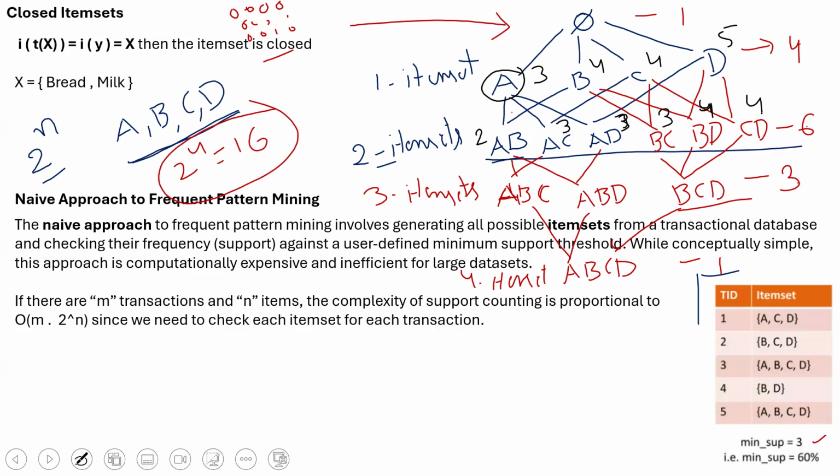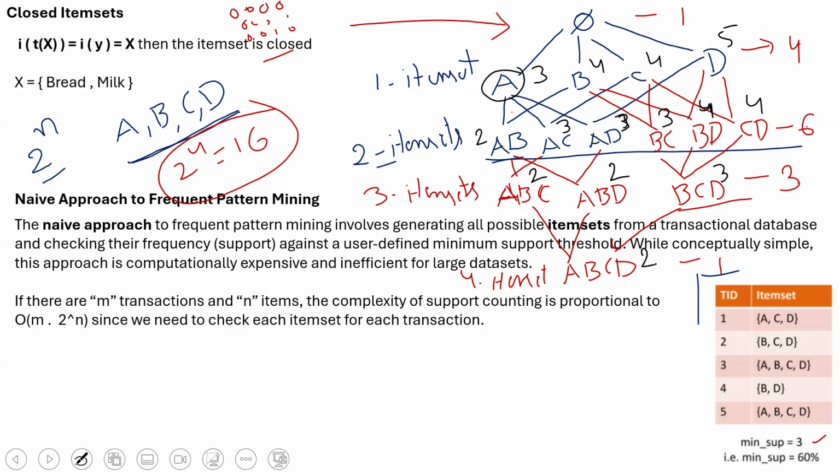What is the support of ABC? 2. What is the support of ABD? 2. What is the support of BCD? 3. What is the support of ABCD? 2. Right? Now you have calculated the support of each item set.